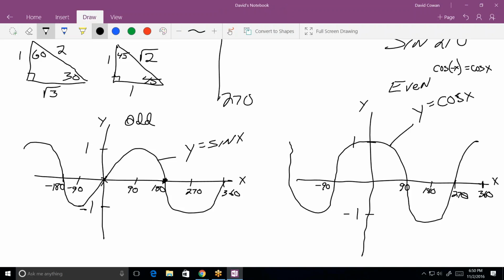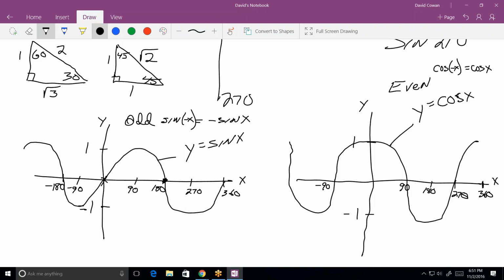By that, I mean it's symmetrical not with either axis, but with the origin. Odd functions are always symmetrical with the origin, which means the sine of minus x is equal to minus the sine of x. I don't usually give these in my first trig tutoring session, but I think it's worth getting that information now because it's going to come in handy whenever you're dealing with negative angles.